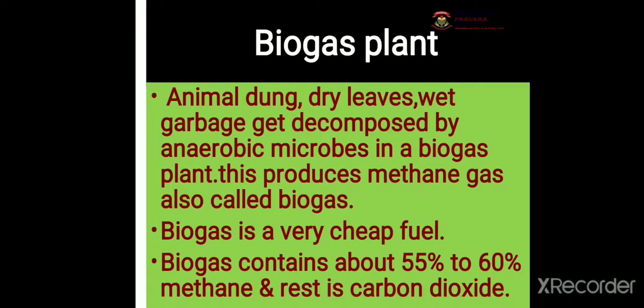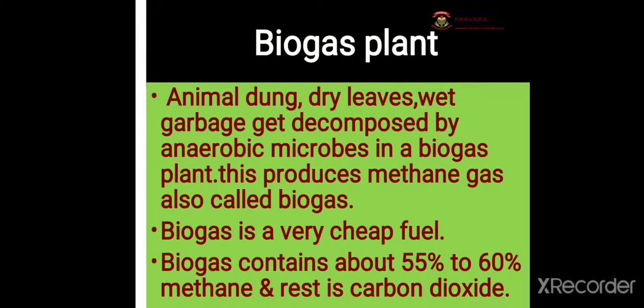Animal dung, dry leaves and wet garbage get decomposed by anaerobic microbes in a biogas plant. This produces methane gas, which is called biogas.